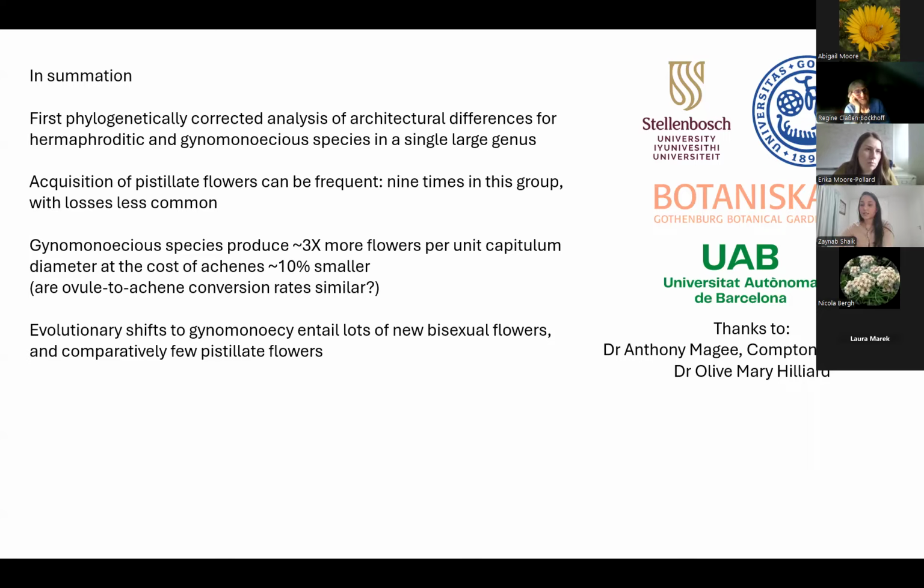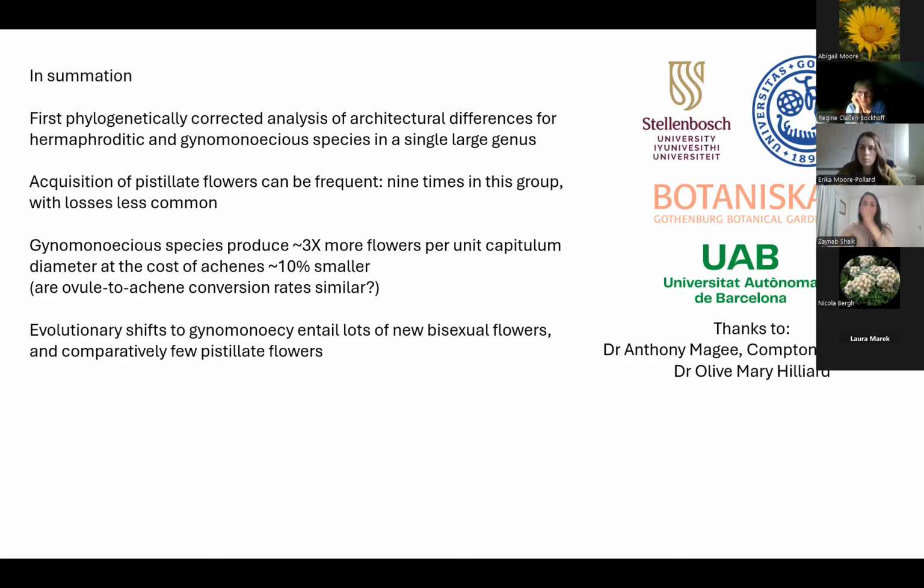So what this tells us is that, at least in this group, once gynomonoecy is acquired, it tends to be maintained. And then perhaps the most striking finding, gynomonoecious species produce about 3 times more flowers per unit capitulum diameter at the cost of achenes about 10% smaller. But what's not yet clear is whether the ovule to achene conversion rates between gynomonoecious and hermaphroditic species are similar.